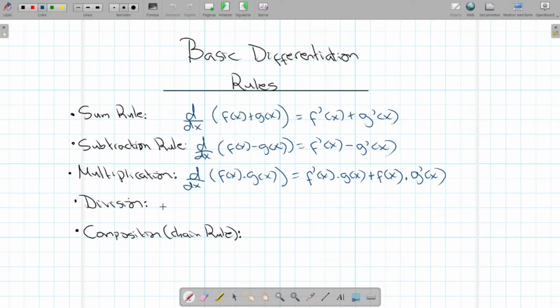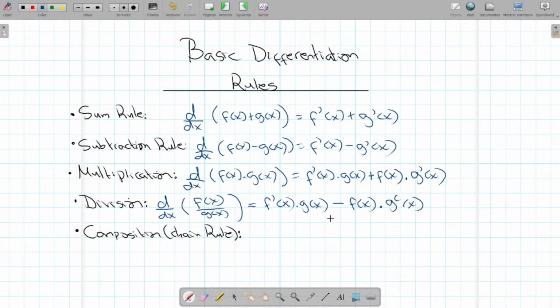What is the rule of the division then? If you have to do the differentiation of a division, it's the derivative of the numerator multiplied by the denominator without the derivative, minus the numerator as it was without the derivative, multiplied by the derivative of the denominator, and all that.